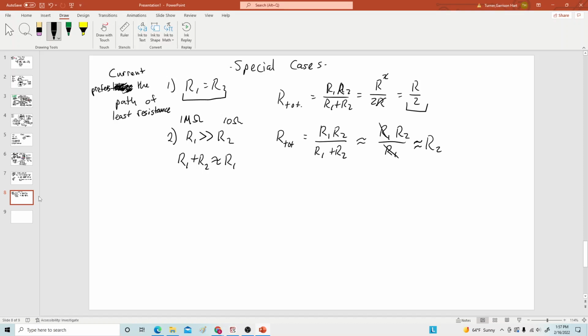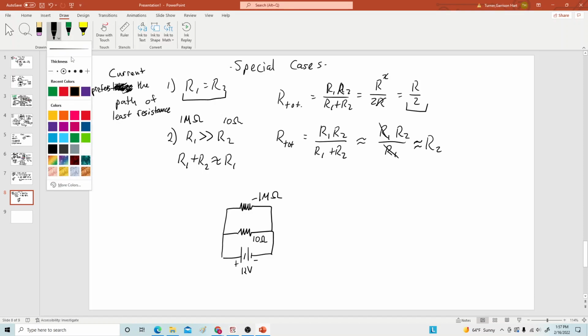So if I have, for example, a 12 volt battery, and I have a 10 ohm resistor, and that's in parallel with a 1 million ohm resistor, then let's consider what happens.